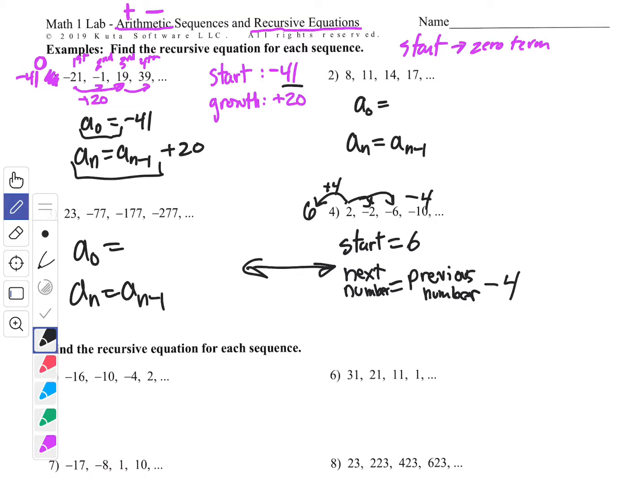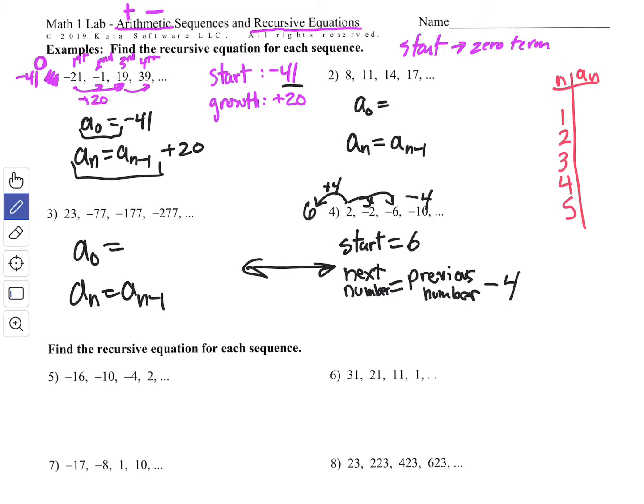So like, let's take number 2 and let me write it in a different format, okay? So let's say I was going like this. The n would be my term numbers, okay? So my sequence, the first term is 8, then 11, then 14, then 17, and then I don't know. Okay?